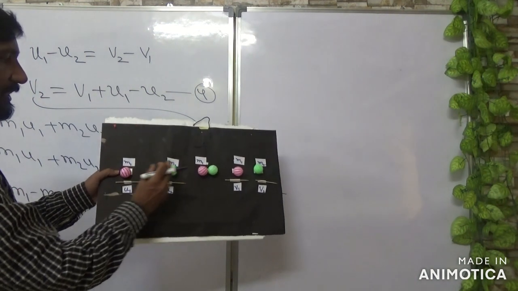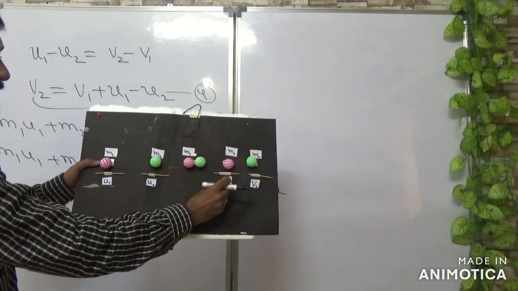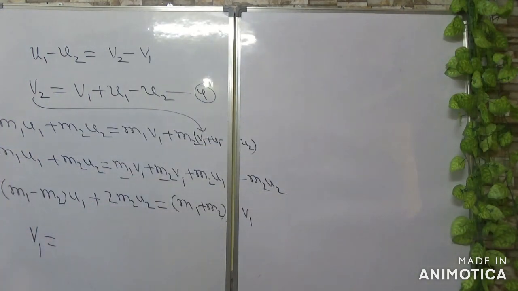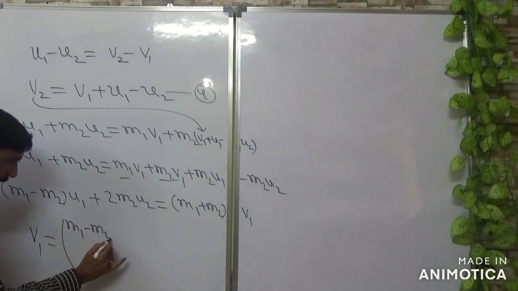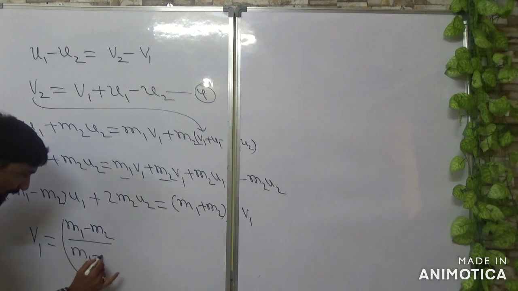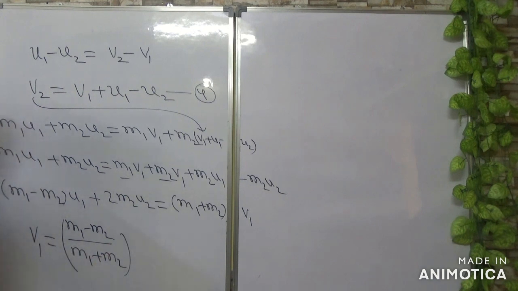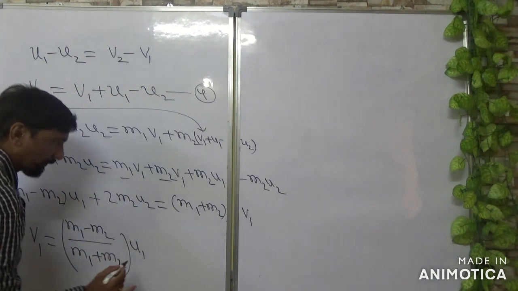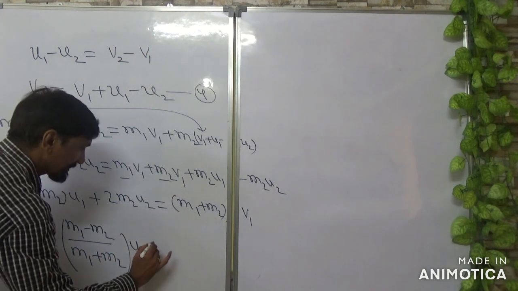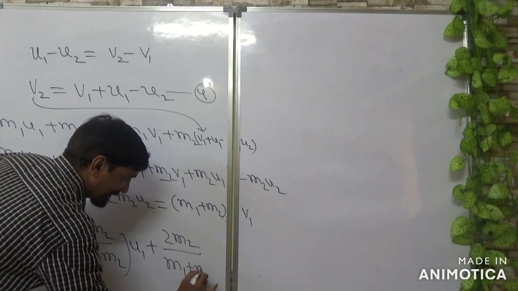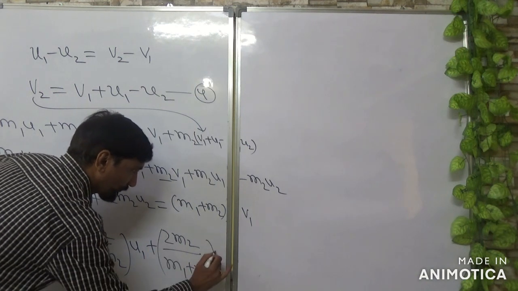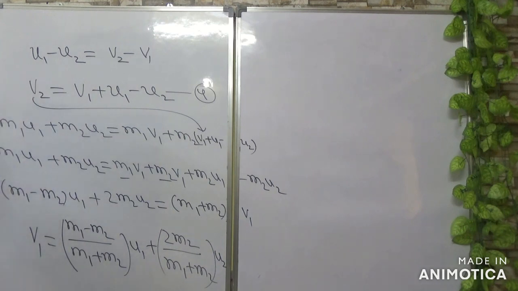The first body velocity v1 will become m1 minus m2 by m1 plus m2 of u1, plus 2 m2 by m1 plus m2 of u2. So this is the final velocity of the first body.